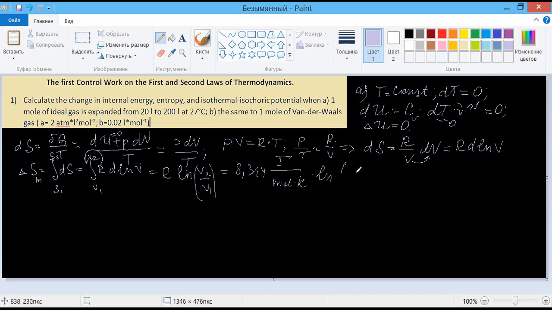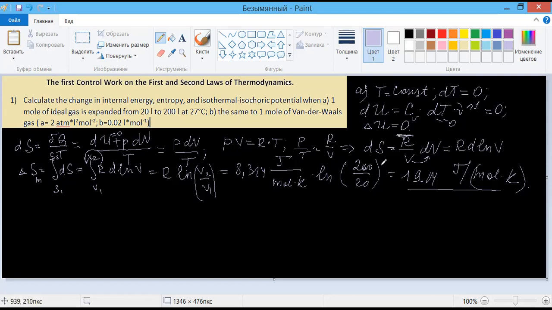Okay, and that gives us 19.14. Yeah, that's the answer.